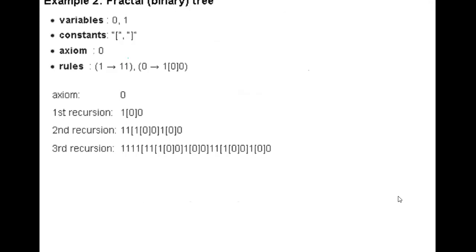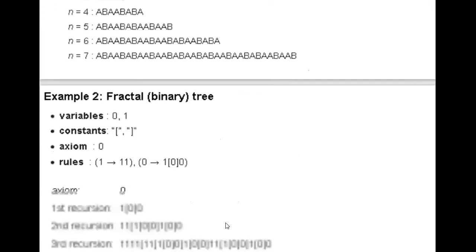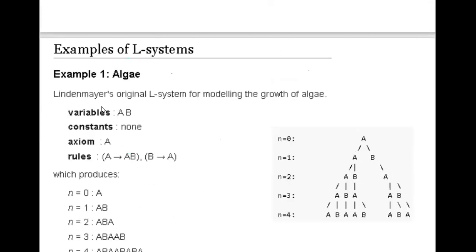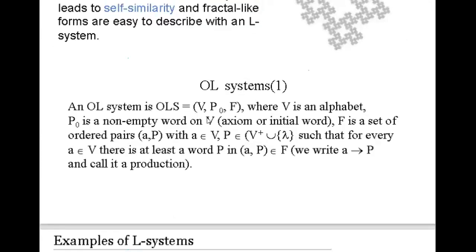Actually, an L system is a type of formal grammar. Here we can see the rules. Yeah, these are the rules. Here we have a set of alphabet. V is an alphabet.